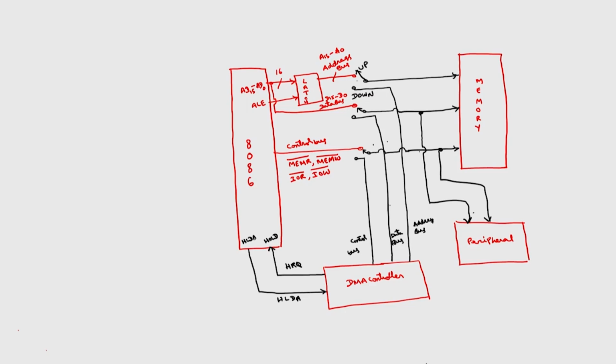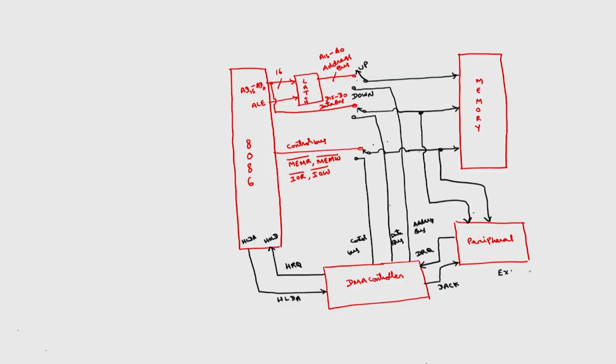These two are minimum mode signals. And between the peripheral and DMA controller there is a DMA request signal and a DMA acknowledge signal. So, you see the complete diagram of the DMA controller with 8086, memory and peripheral.